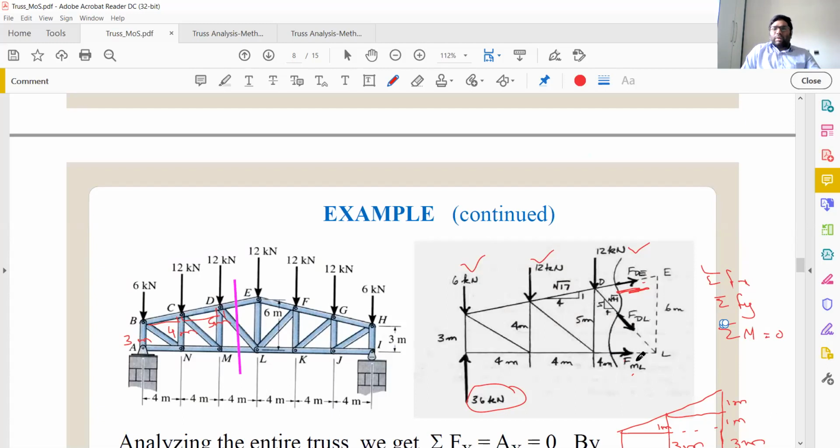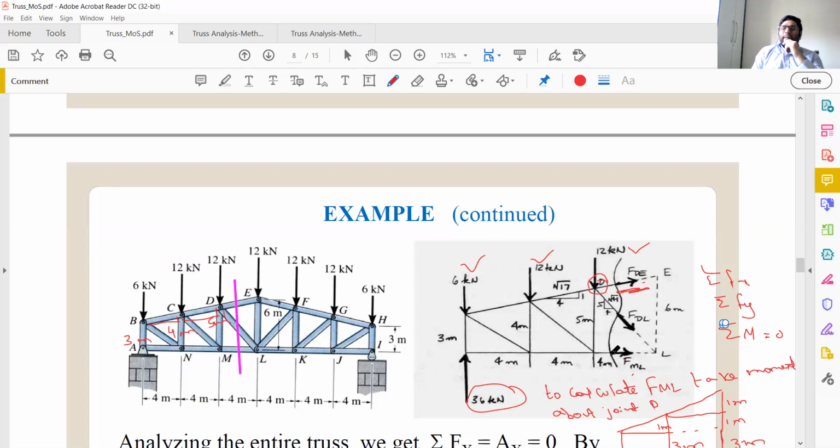Okay. So in order to get the force in the member ML, which is at the bottom member, where can we take the moment? We need to take the moment at joint D. So to calculate FML, take moment about joint D. Why joint D?